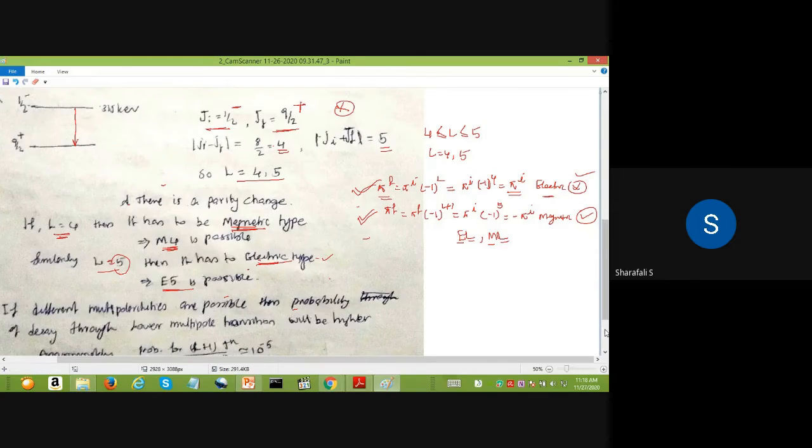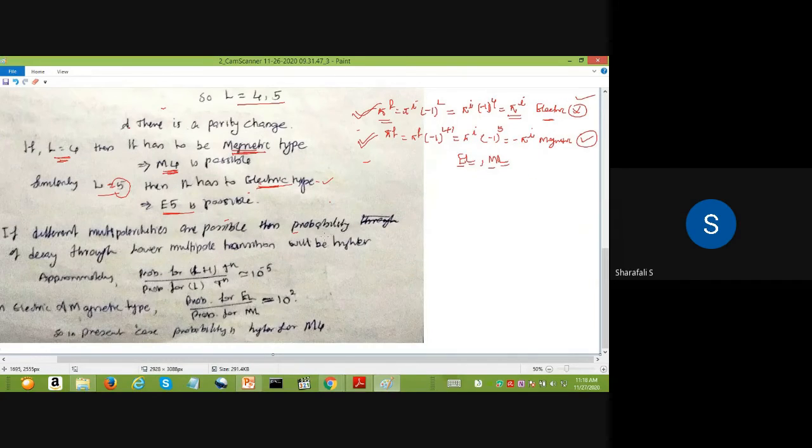And then if you look further, if different multipolarities are possible, it is important, then the probability of decay through the lower multipole transition will be higher.